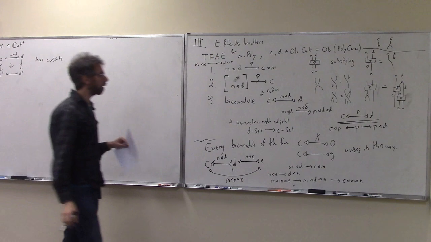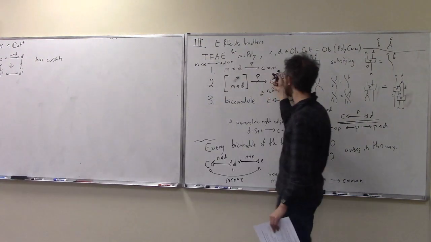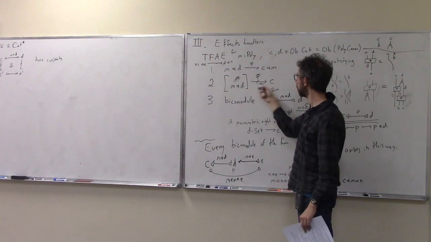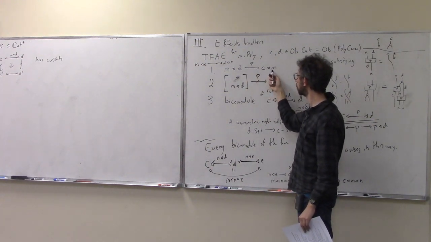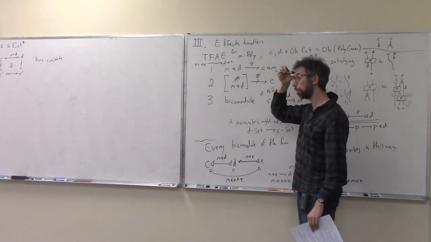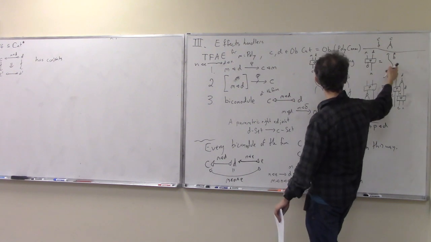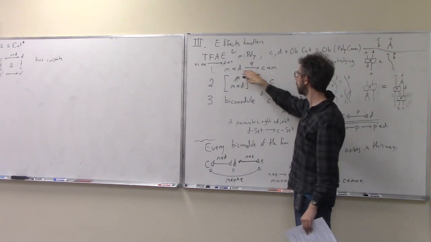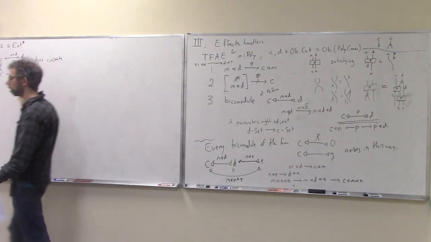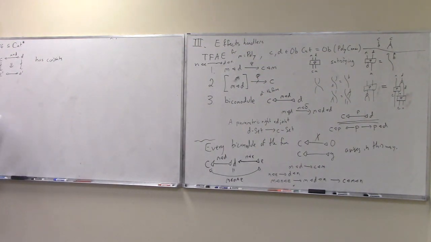The reason is because when you take M to be Y, the identity, this thing just becomes a cofunctor. When you look at what these two rules say, this will just be a cofunctor from D to C. So every cofunctor counts as an effect handler. Okay, so that's the thing.